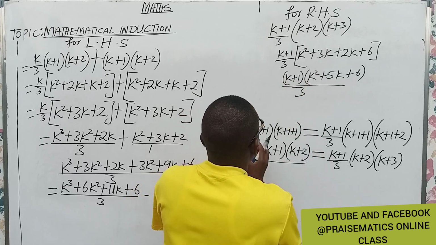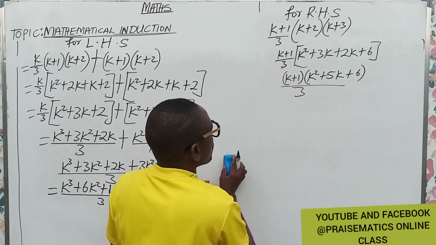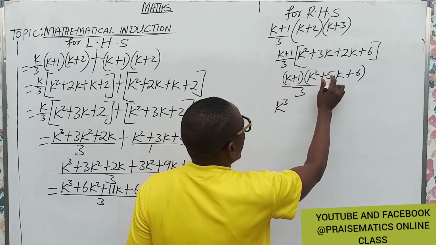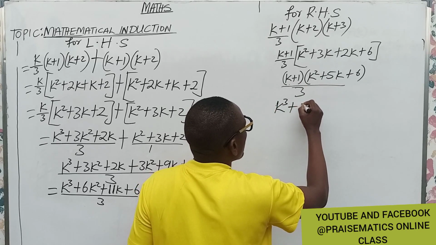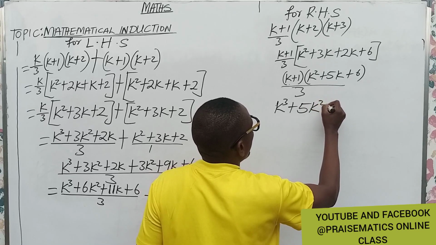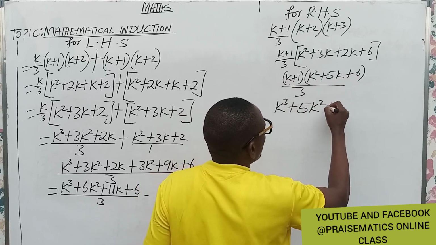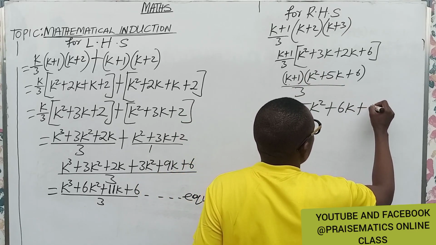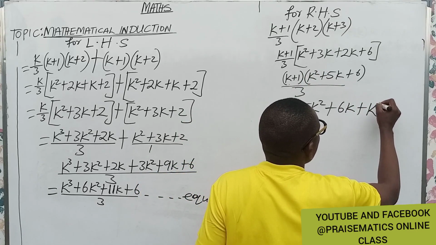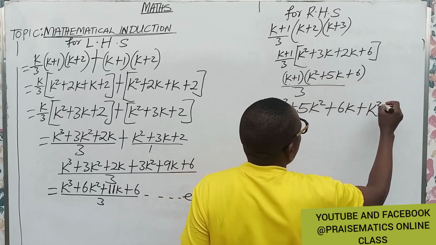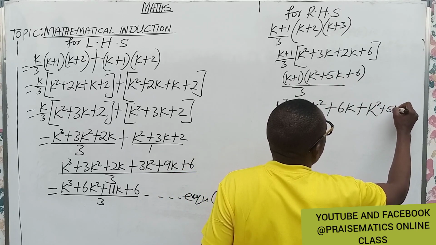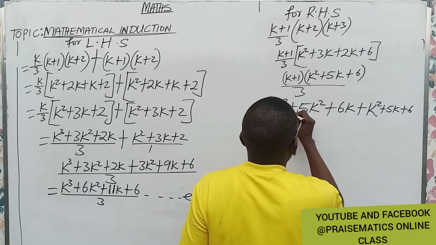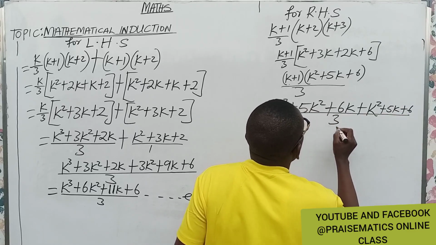Let's multiply out. k times k will give us k power 3. k times 5k will give us 5k square. k times 6 will give us plus 6k. 1 times k square will give us plus k square. 1 times 5k will give us plus 5k. 1 times 6 will give us plus 6, all over 3.